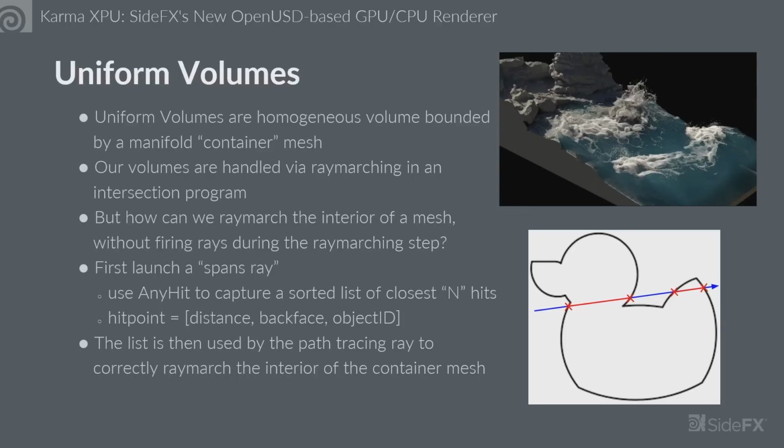What we do is first launch a single spans ray through all the container meshes. It uses an any-hit program to capture a sorted list of the closest n hits. A hit point is stored as its distance, whether it's a front face or back face, and its object ID. And because we don't need to execute the shader to collect any of that information, it's fast. The list is then used by the path tracing ray to correctly ray march the interior of the container mesh.